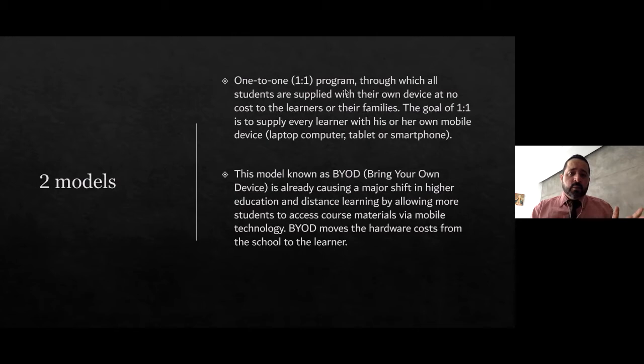In the first one, the one-to-one, we have seen that it's really effective, because all of your students will have the same kind of device, so you won't have any problems with that. If you're working with an app or a platform, all of your students can do it, right? The main problem here is that it's highly costly.